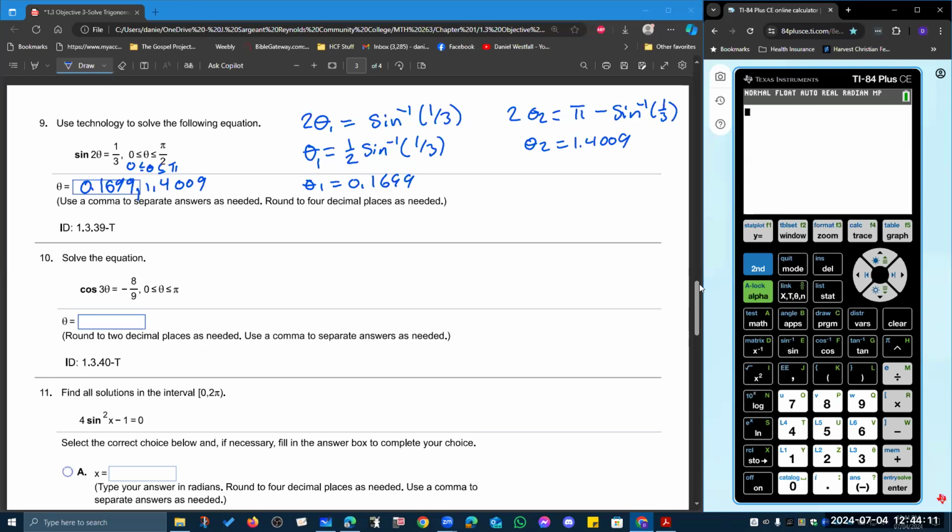All right, so we're here: 0 less than or equal to 3 theta less than or equal to 3 pi. So we want all the places that cosine is negative. Negative cosine values are in quadrants 2 and 3.